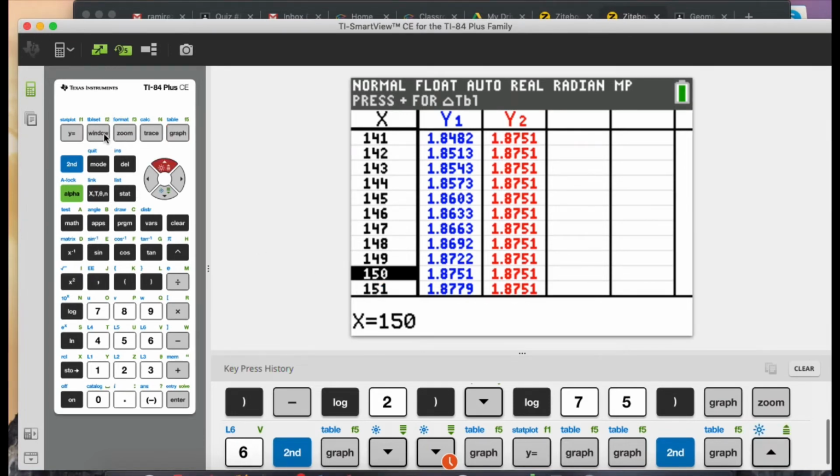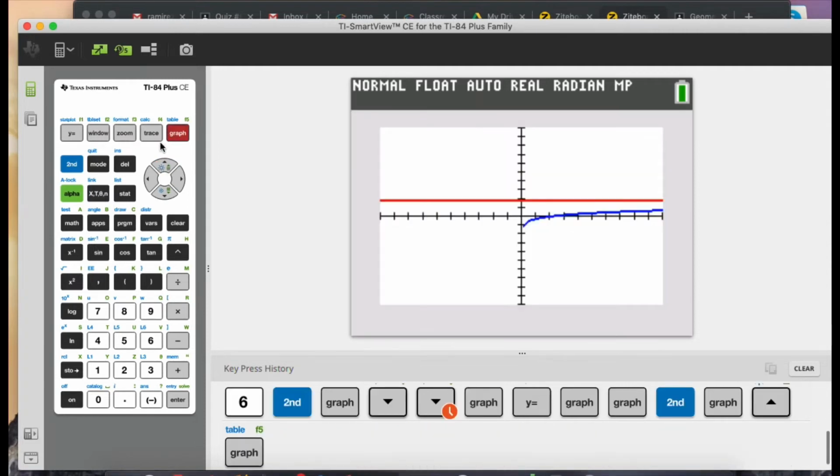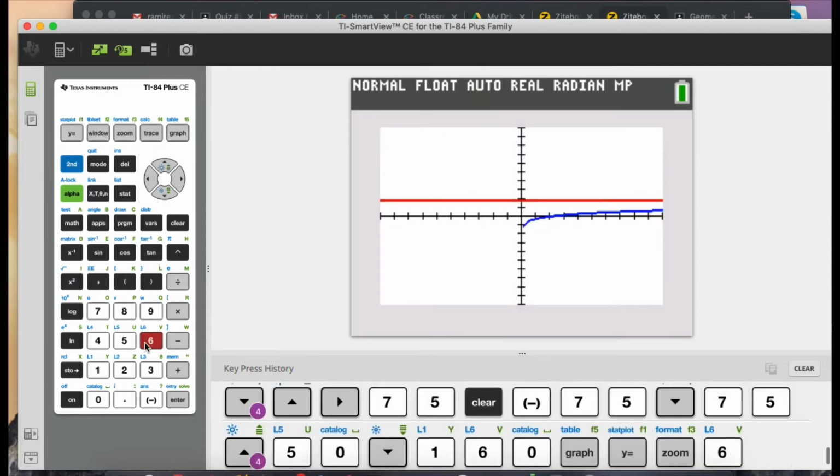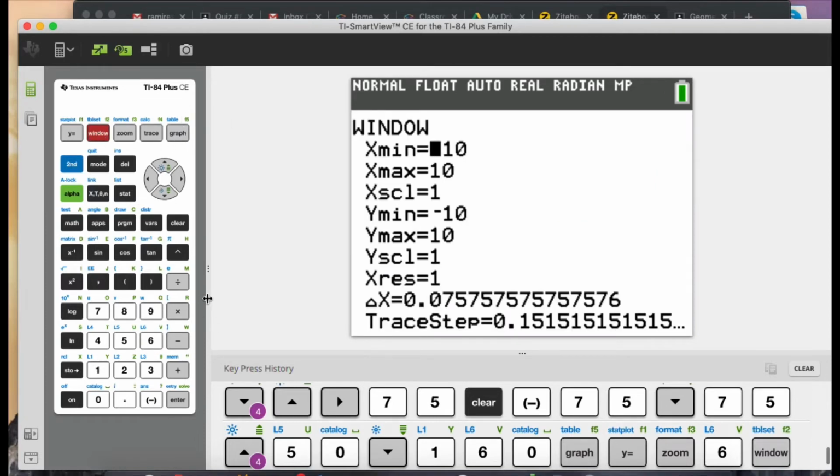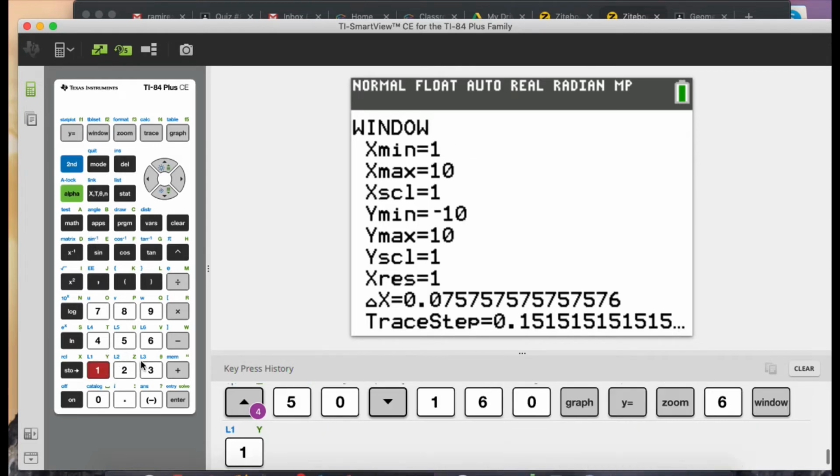The second way is, let's go back to our graph. Knowing from the table where the intersection is going to take place, I can also use my intersection feature on the calculator. But I do have to change the perspective that I'm looking at. So let's change my X minimum, that's the horizontal minimum, to 140.